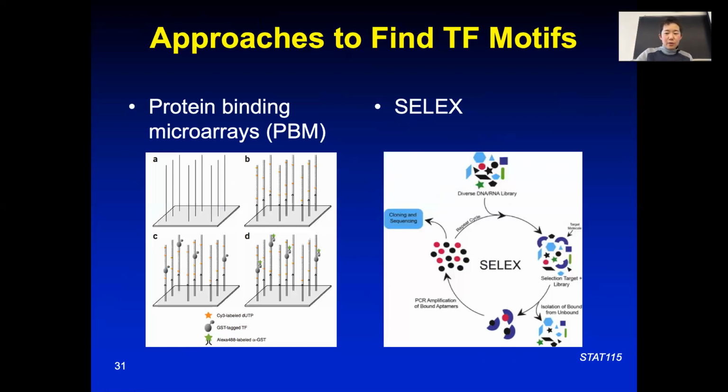We add the protein, and whatever this protein can bind to gets enriched. You can pull them down. You can enrich for them, and anything that doesn't bind gets washed off. And then you can also amplify this. The next second round enriches again, and you wash off the low binding. And then you do high throughput sequencing. You just sequence out whatever is being enriched in this data. And that will also give you motifs. So the SELEX approach also gave, by this time, a few hundred transcription factor motifs.